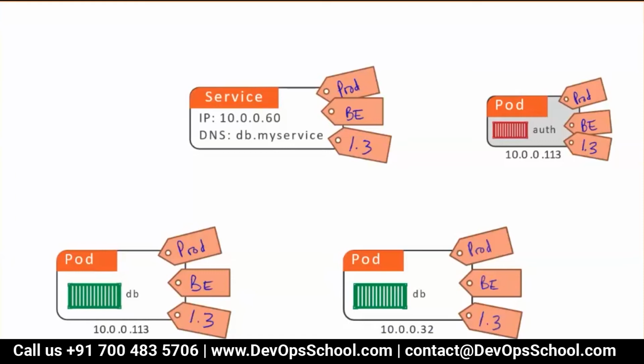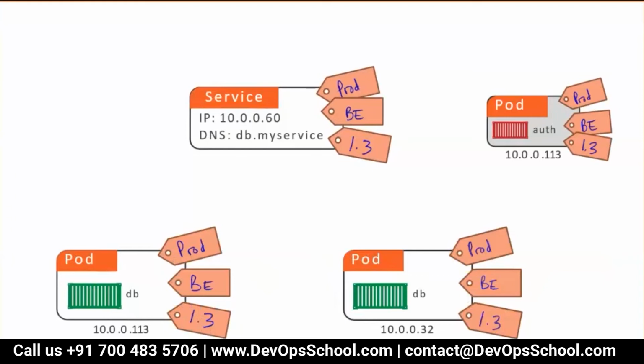So see here, as per the image, I have labeled a service with pod v1.3, and all the pods also. So why are we having this label? Guys, the concept is very simple. Let's hear me out. The moment the labels of the pod match with the labels of the service, those pods will be load balanced by the service.